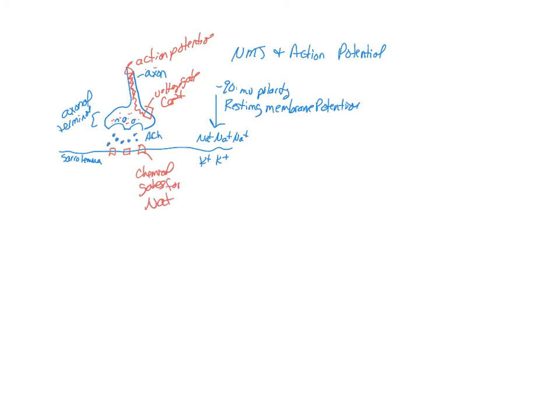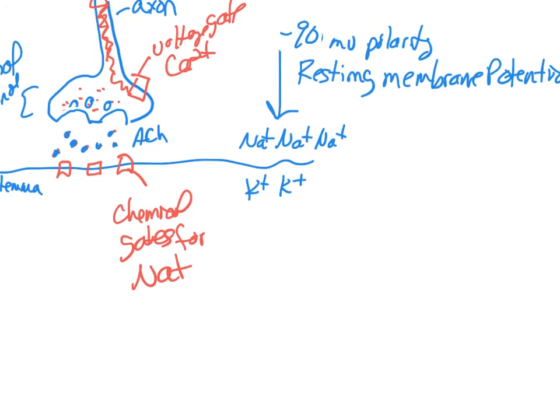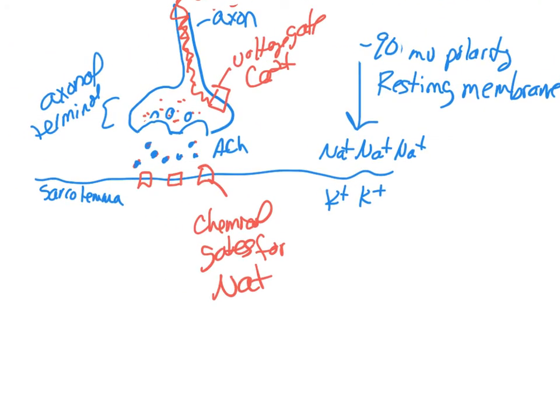The acetylcholine is going to come over here, and we're going to show that the acetylcholine binds to the gates, and that opens the gate. Now, I can take sodium molecules, and they can float down into here. Because they are positively charged, that's going to take the negative 90 and make it less negative.